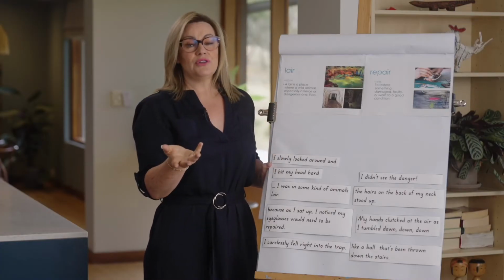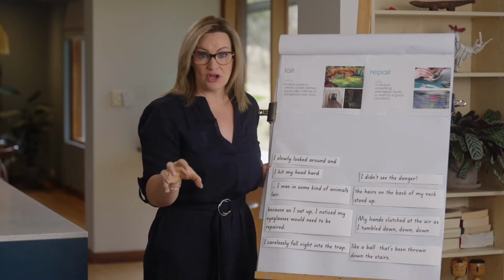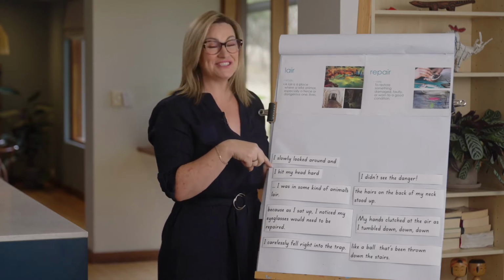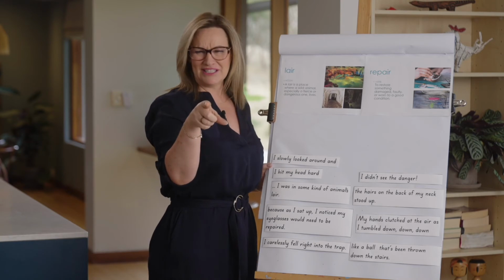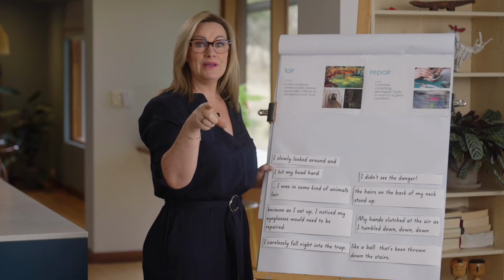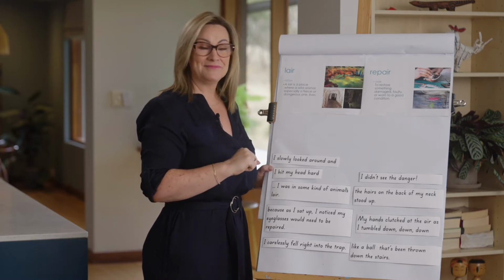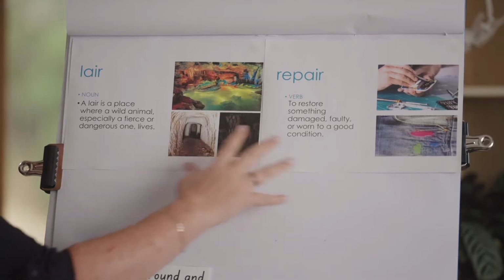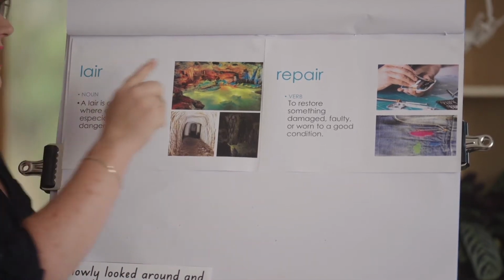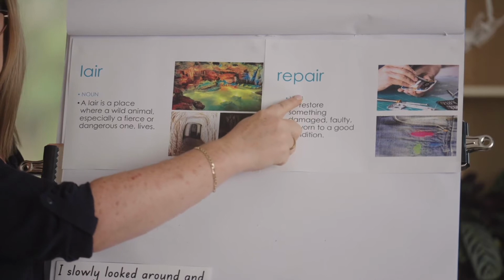Now, I also know that the fashion these days is to have lots of holes in your jeans, so maybe that wasn't a good picture for me to choose today. Who's got holes in their jeans today? Fashion, or does it need to be repaired? Excellent. They are our two vocabulary words. Let's say it. Lair and repair.